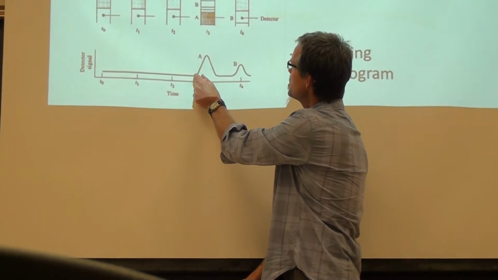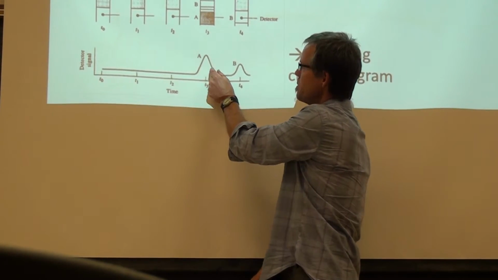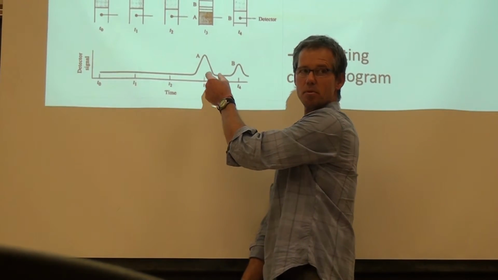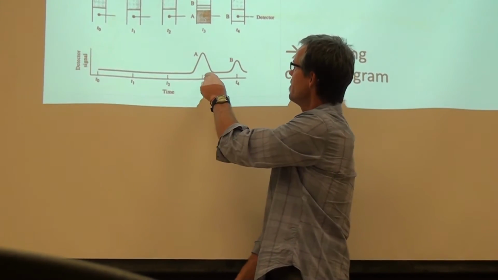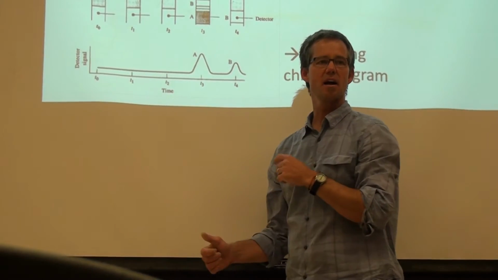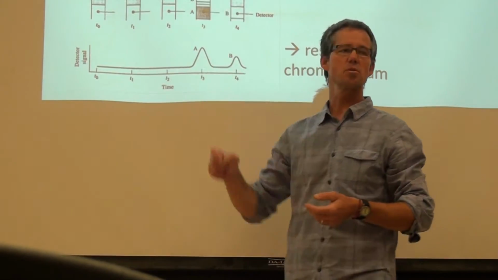But the concentration of my analyte in this fraction will be much less than compared to this fraction, compared to that fraction. And when I collect all three fractions in this example, 3 milliliters, the total concentration in that 3 mils will be the sum of this peak. And that concentration will be lower, because it's been diluted, than it was when I first loaded it up.